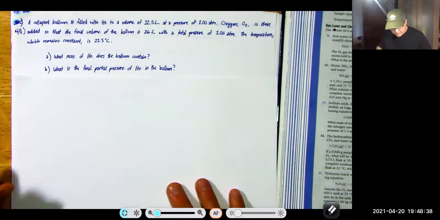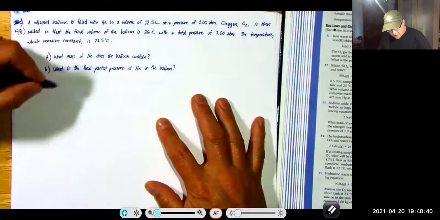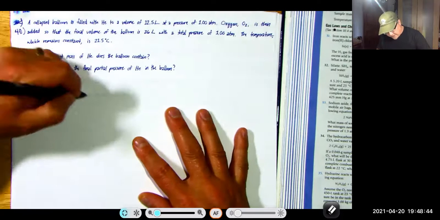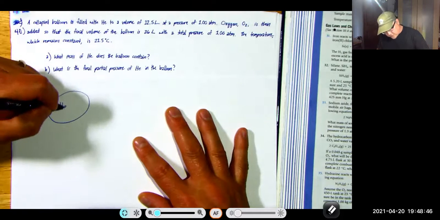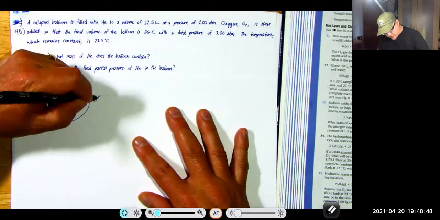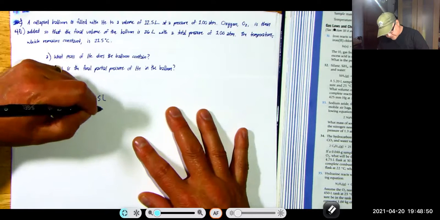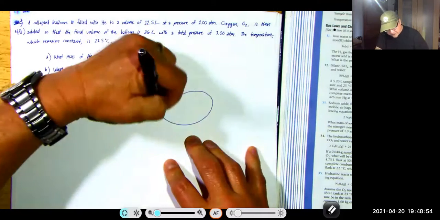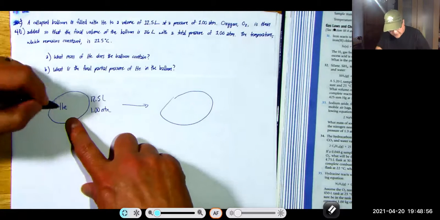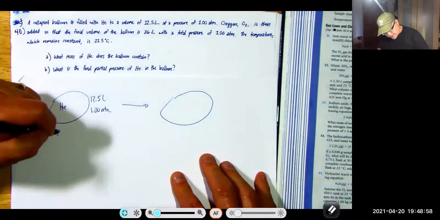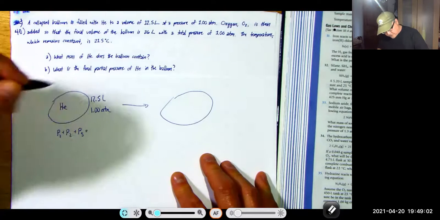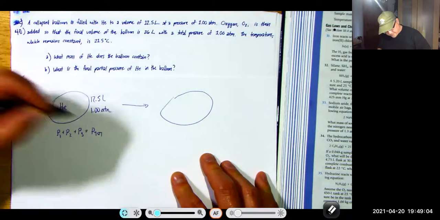Well, again, when we are looking at Dalton's law of partial pressures, and here's our helium balloon at 12.5 liters in 1 atmosphere. Dalton's law doesn't really apply to this one because you have P1 plus P2 plus P3 equal to P total, right?